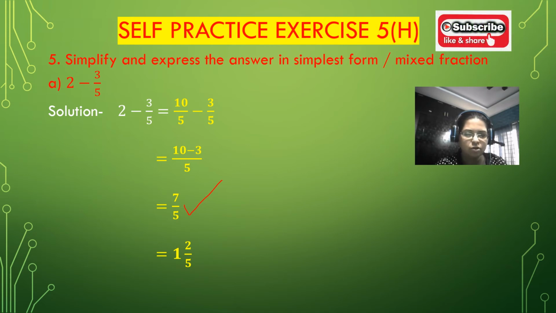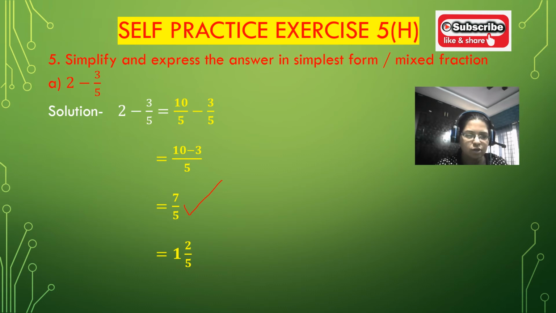Just divide the dividend and divisor. Here dividend is 7 and divisor is 5. So we know 7 is 5 multiplied by 1 plus 2, where 1 is the quotient and 2 is the remainder.